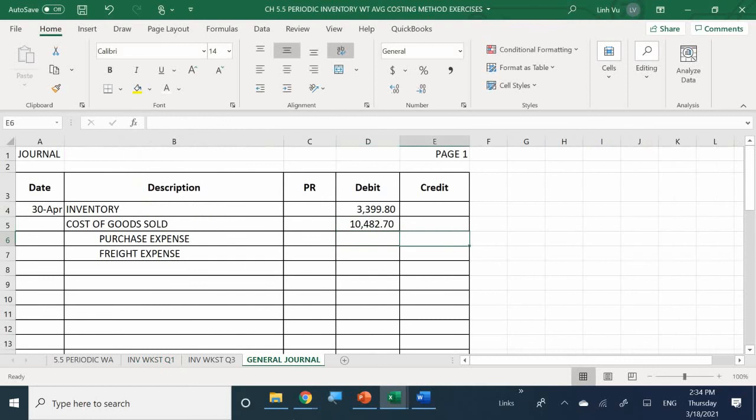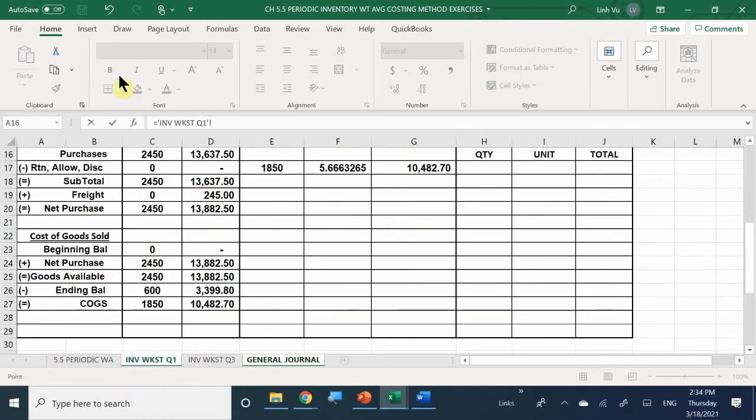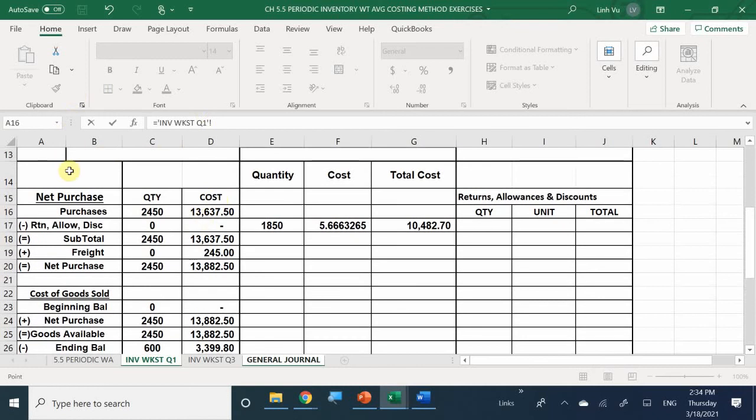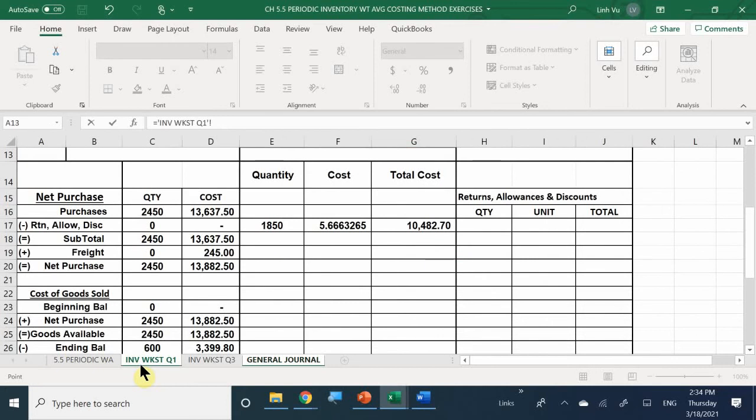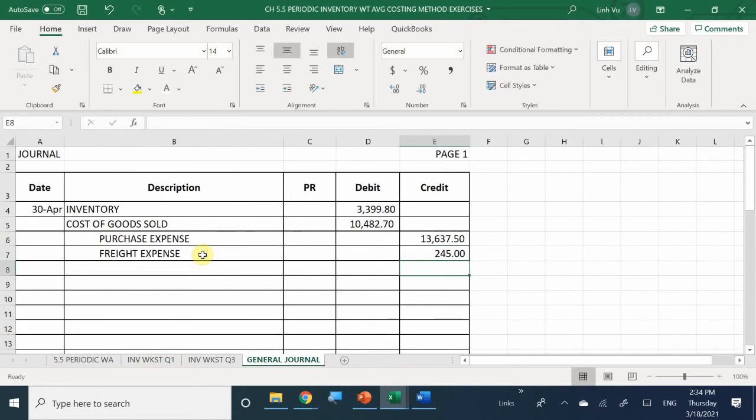What was my total purchases? $13,637.50. Yes, the purchases. Good. What was my total freight? $245. Okay. So there we are.